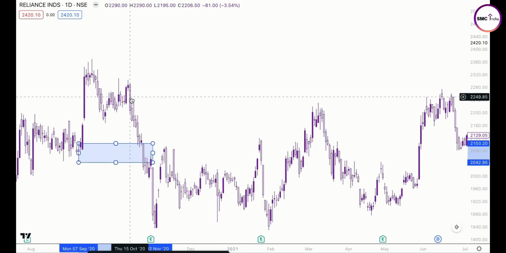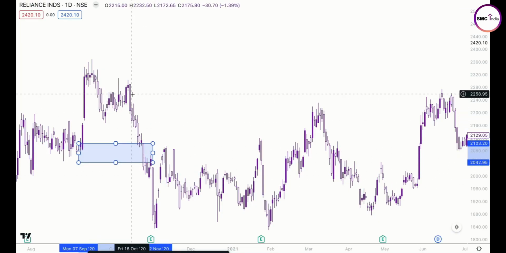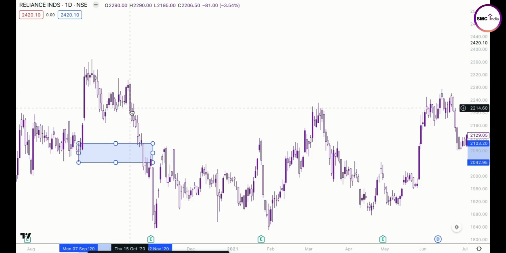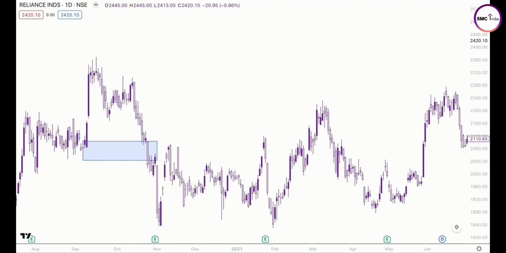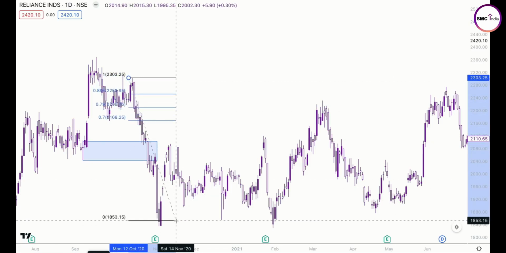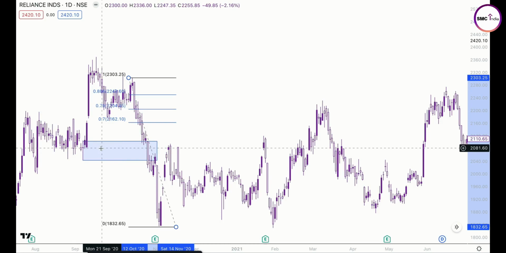You could see that there is still imbalance up here. Yes, there is imbalance down here, but there is a huge amount of imbalances up here. So there is a chance that the price is going to retrace back up to this order block, fill this imbalance, and then shoot down again. And this order block doesn't match with my fib levels too, you could see. So this is not my valid order block.